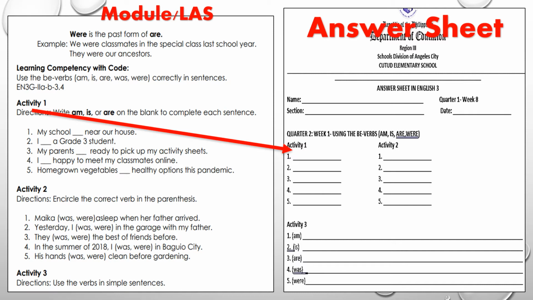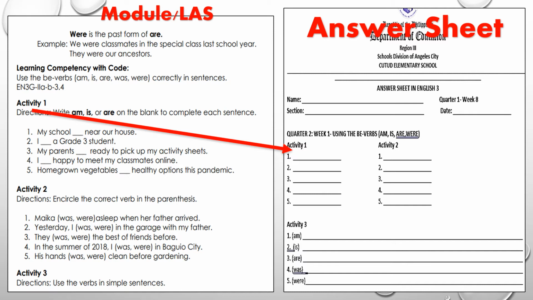Remember that they should not write anything on the module, and avoid having it torn off or cut by any sharp objects, and at the same time avoid getting it wet by water or any juice or substance. Please make sure to let them answer in our answer sheet.